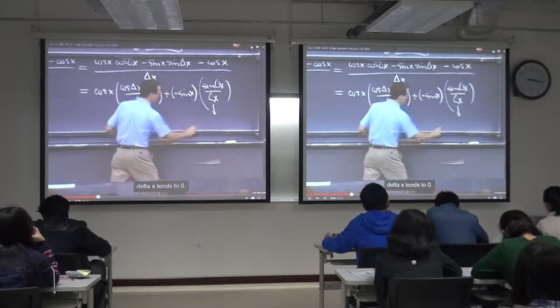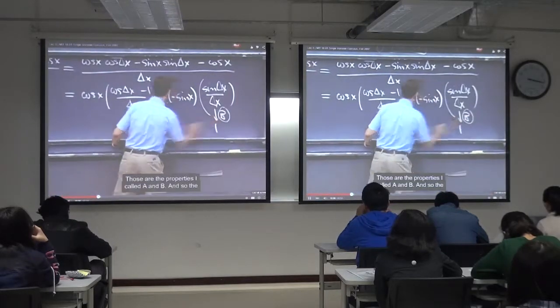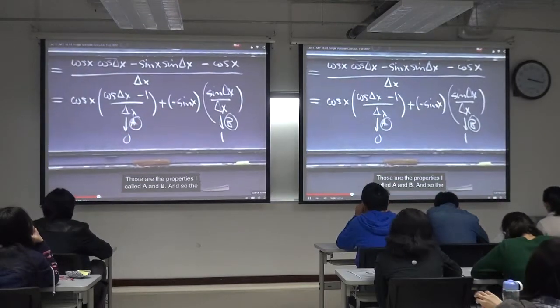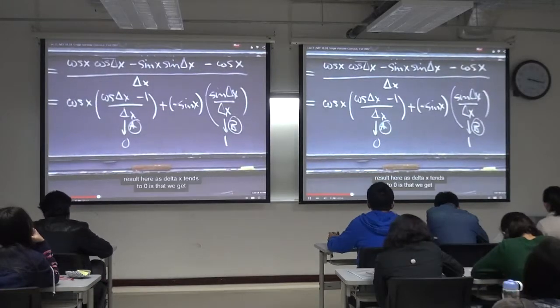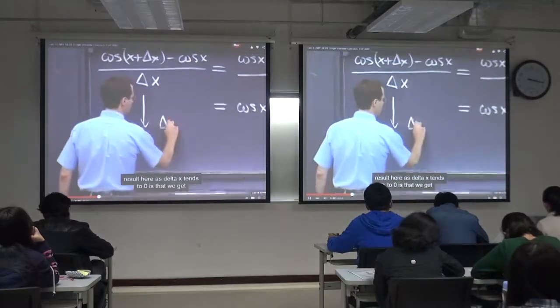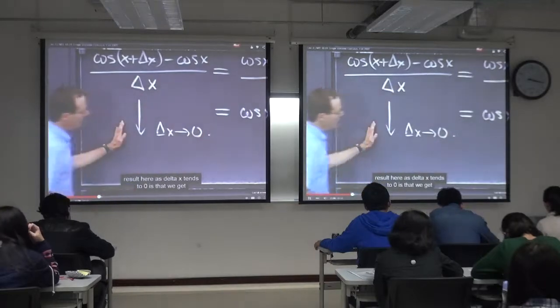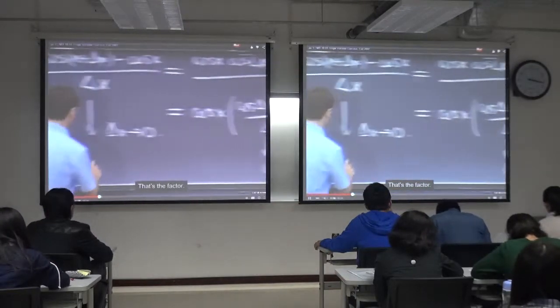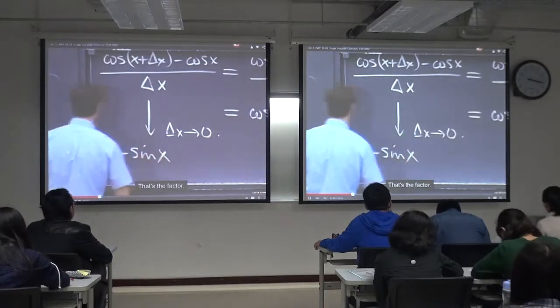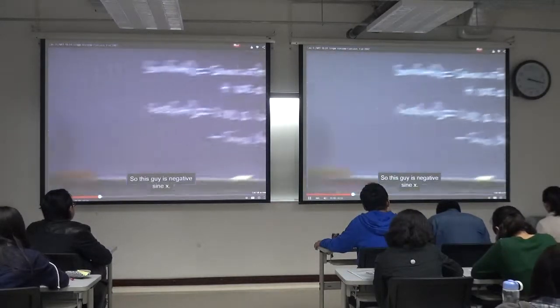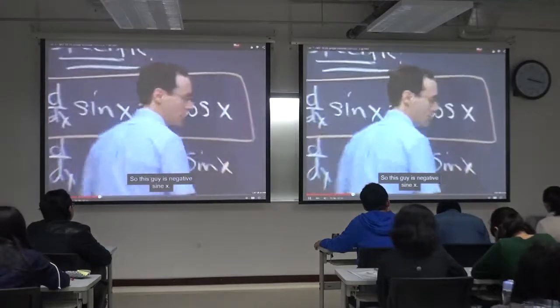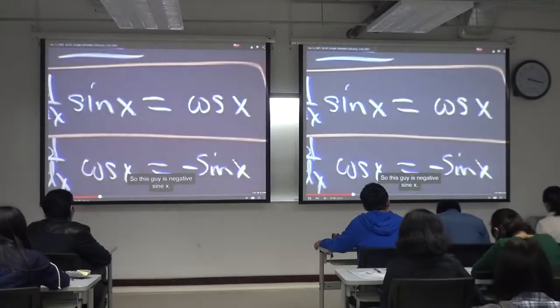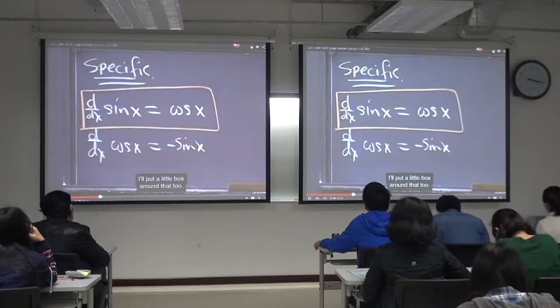This delta x tends to 0. This is 1. These are the properties I call A and B. And so the result here, as delta x tends to 0, is that we get negative sine x. So this guy is negative sine x. I'll put a little box on it.